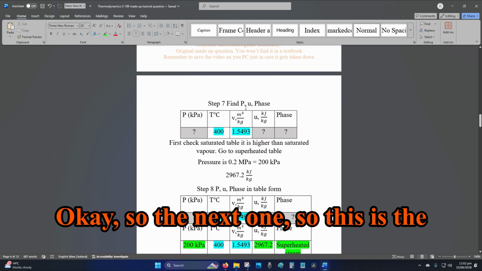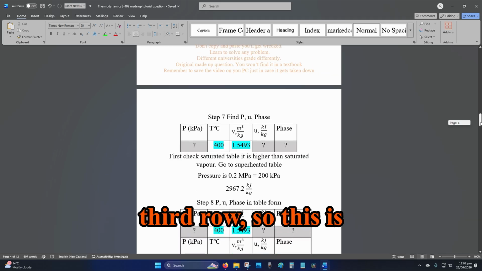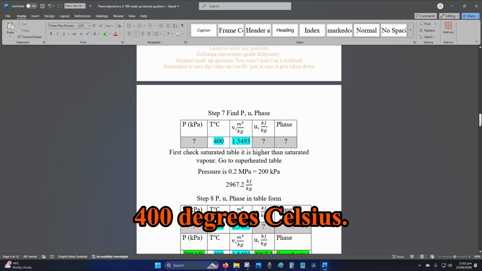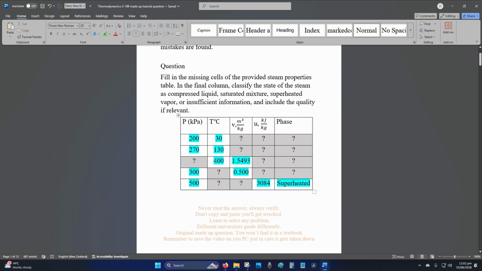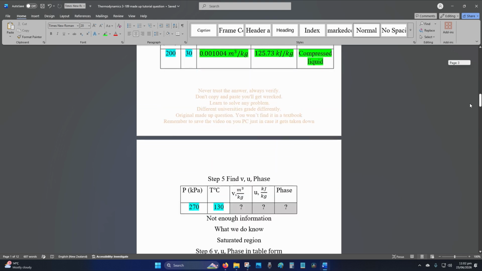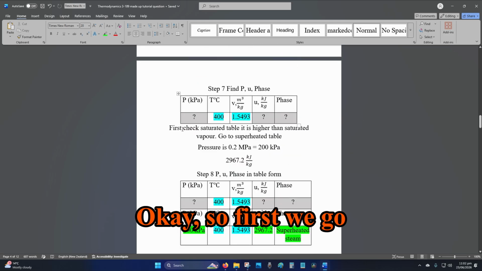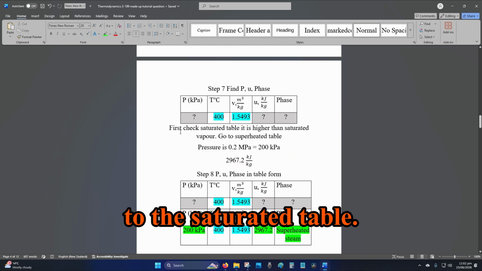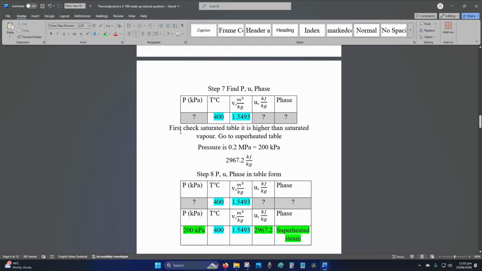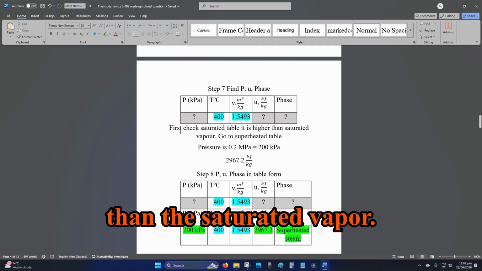Okay, so the next one, this is the third row, so this is 400 degrees Celsius. So it's this one. So first we go to the saturated table. We check that it's higher than the saturated vapor.